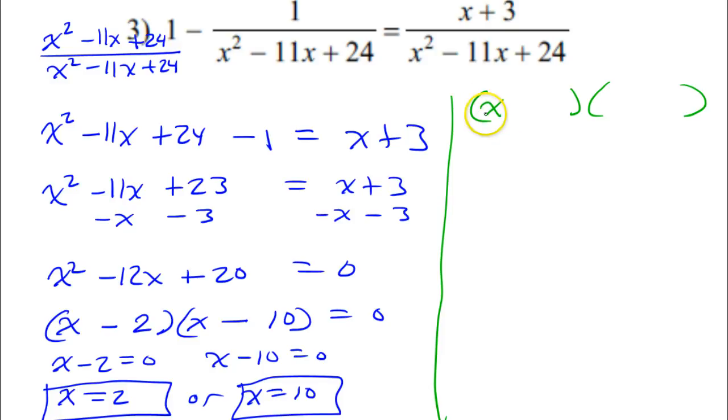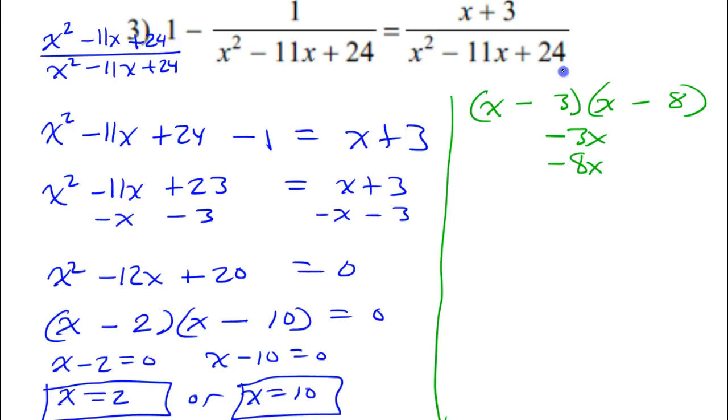X squared is x times x. 24 is 3 times 8, among other things. Inner plus outer equals middle. So inner, I have 3x. Outer, I have 8x. To get negative 11, both of these would have to be negative. So negative here and negative here.